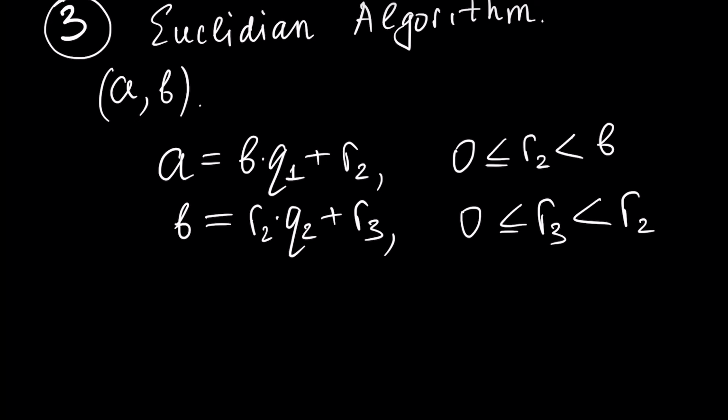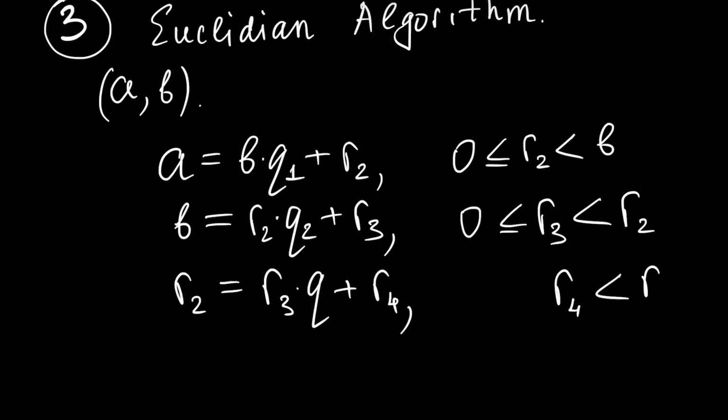And since R3 is less than R2, we can divide R2 by R3, and R2 will be a multiple of R3 plus another remainder R4. And in this case, R4 will be less than R3 and also not negative.